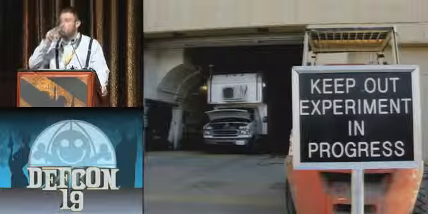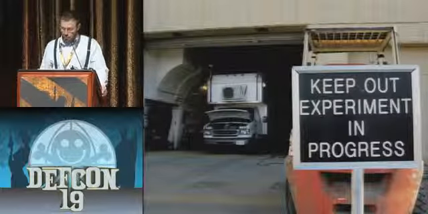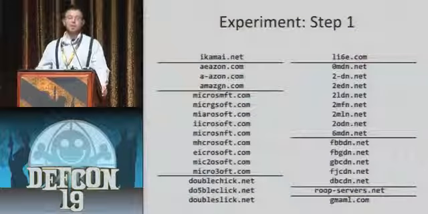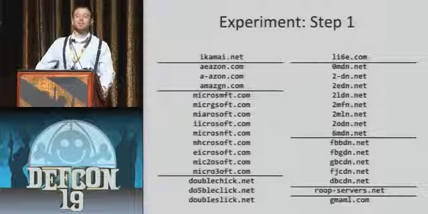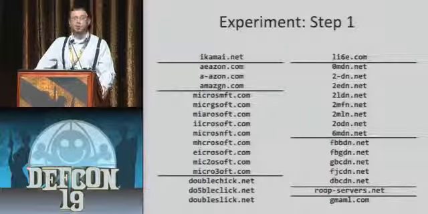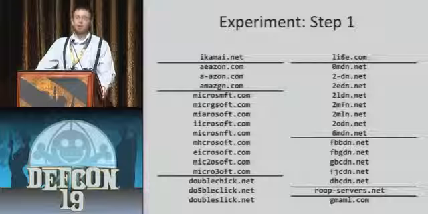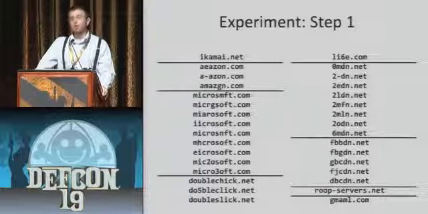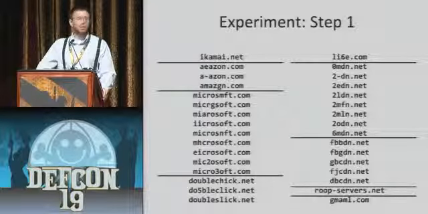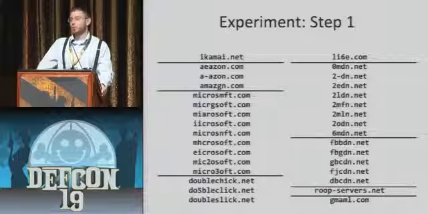This experiment is in 3 parts. Part 1, register domain names. This list includes actual domain names that I registered. They are 1 bit away from certain very popular domain names. By 1 bit away, I mean you take the domain name, put it in its ASCII representation, expand it out as a binary string, and change 1s to 0s and 0s to 1s.